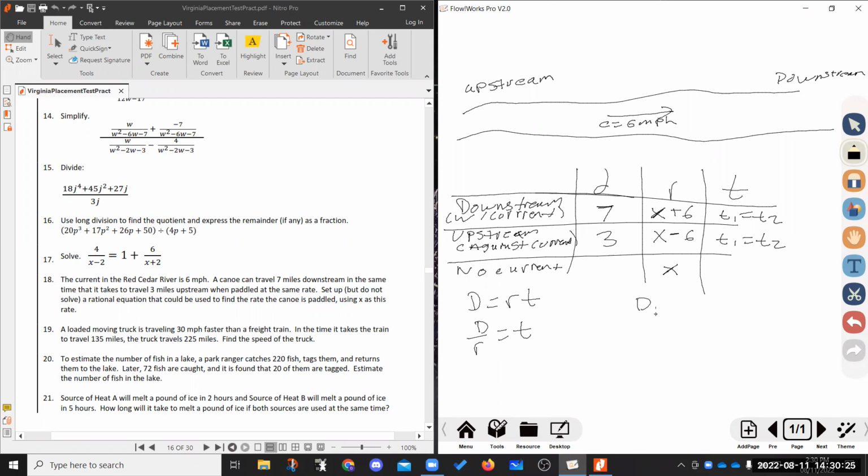So D1 over R1 is equal to D2 over R2. That means that 7 over X plus 6 needs to be equal to 3 over X minus 6. It tells us don't solve it, but it just wants us to set it up like this. This is the setup that it wanted, and so we're done with the problem there. If we would solve for X in this problem, X would be the speed at which the canoe would move in still water.